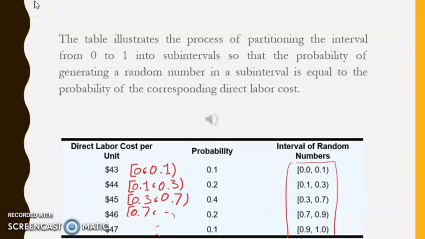And since the probability has a direct relation to the length of the assigned range on 0 to 1, you just simply add the probability to the upper bound of the previous range. Here, since 43 is the smallest one, the lower bound would be 0. Start. The length is that, so you can start with this.